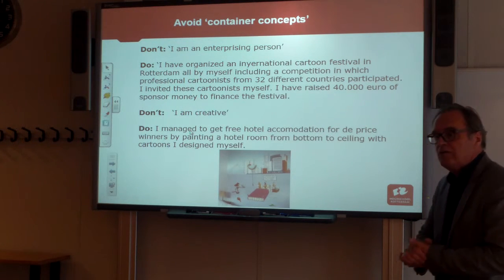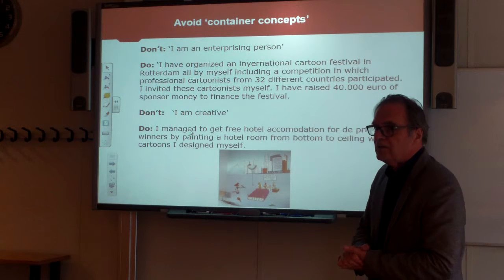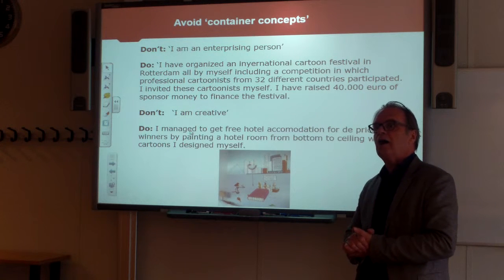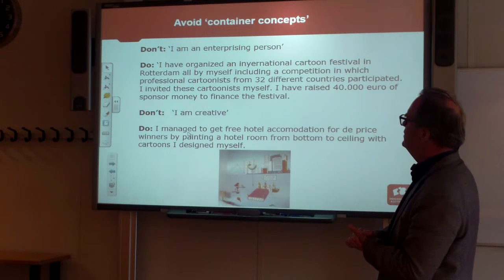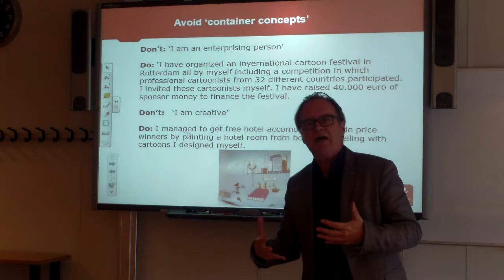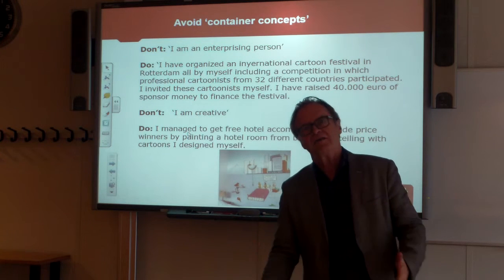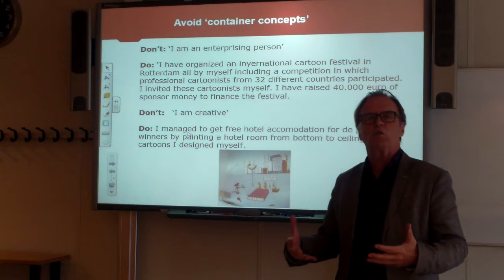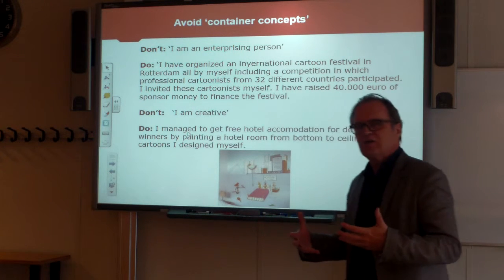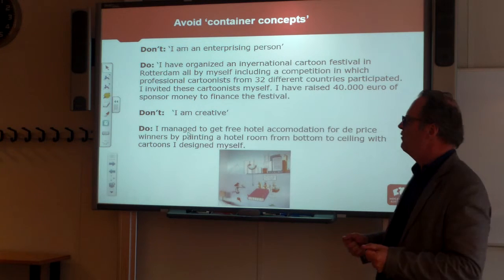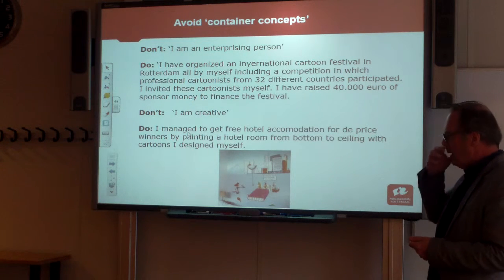It's also very useful to have an open eye for terms that are too vague to assess. For instance, when I say I'm an enterprising person, I do not enlighten what is enterprising about me. So it's better to give an example of my enterprising activities.